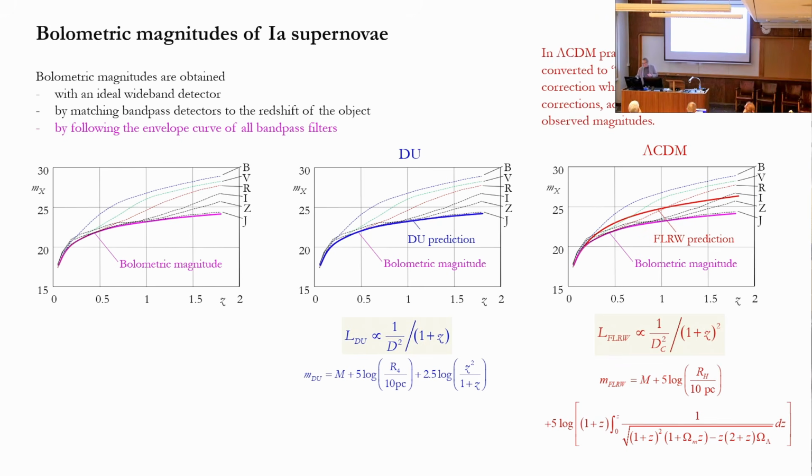In lambda CDM practice, observed magnitudes are converted to the emitter's rest frame with the K correction factor, and in addition to filter mismatch correction, it adds a factor 5 times log of 1 plus z to the observed magnitudes. I have gone through that in detail, but we don't go into it here. But when taking this into account for making the DU prediction for the K-corrected magnitudes, we write it here in the lower form.